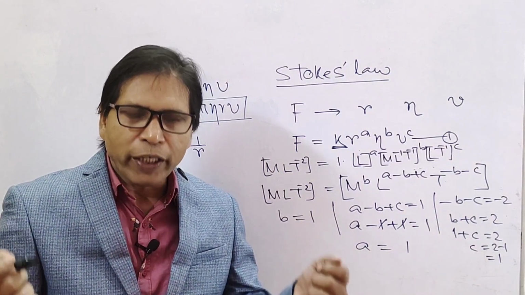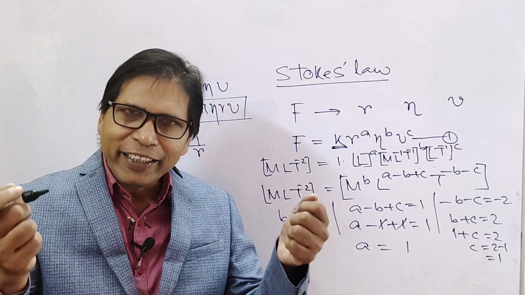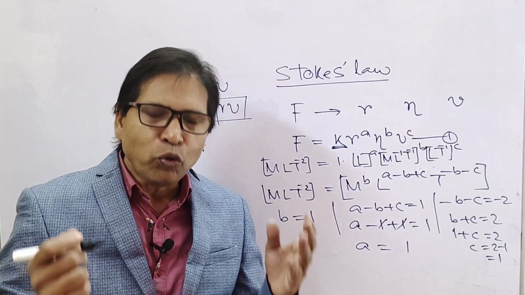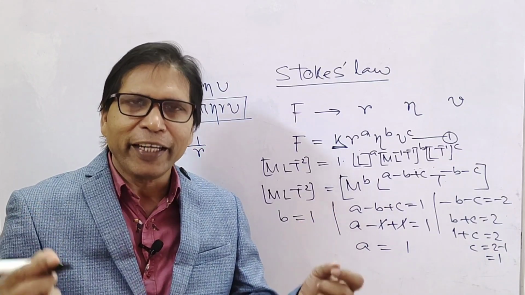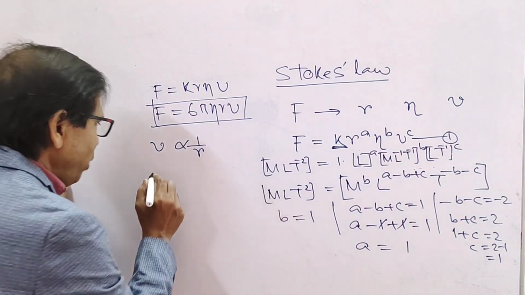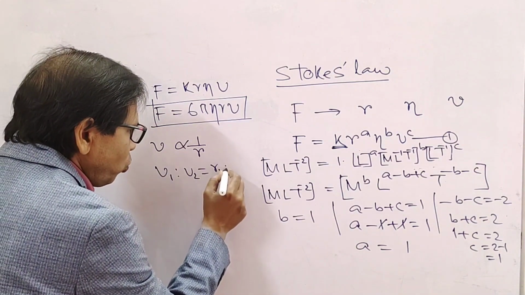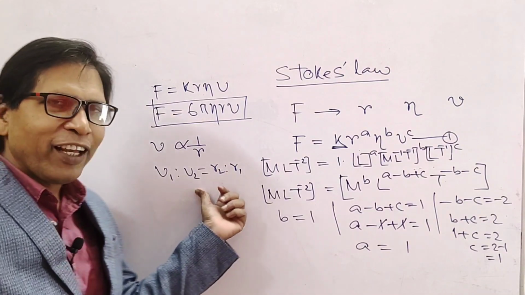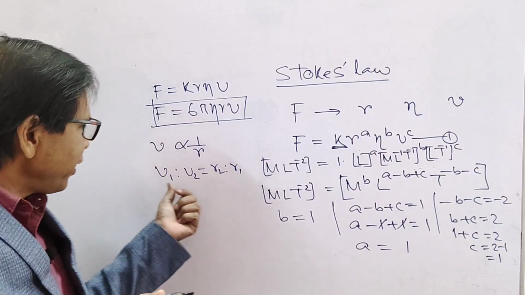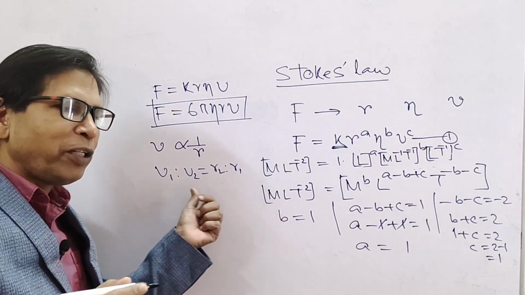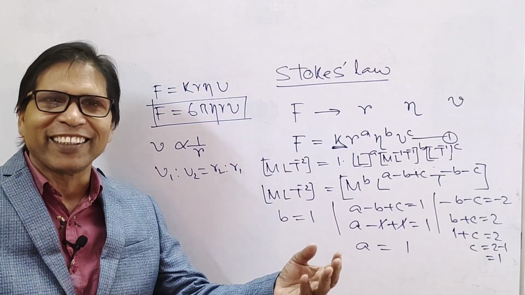Suppose two bodies of different material but same mass, having different radius, their terminal velocities become v1 is to v2 equals r2 is to r1. So mind it, if mass or weight is constant, then the ratio of terminal velocities is the inverse ratio of the radii.